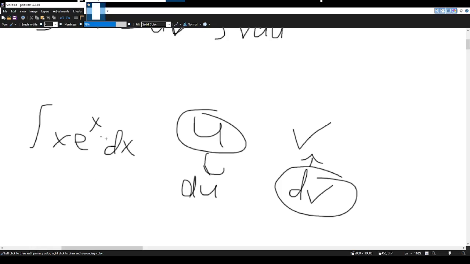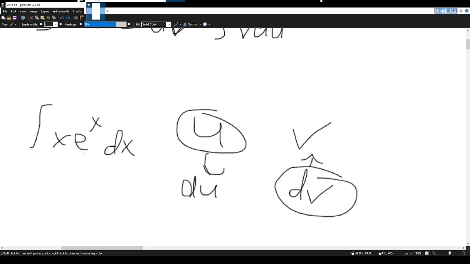For the most part, it's just going to be attached to the one you're integrating. It can get complicated. There's a practice problem where you do the dx by itself for one of them, but it's weird. We need u to be something we can differentiate, and we can differentiate both of these pretty easily. We need dv to be something we can integrate, and we can also integrate both of these pretty easily.